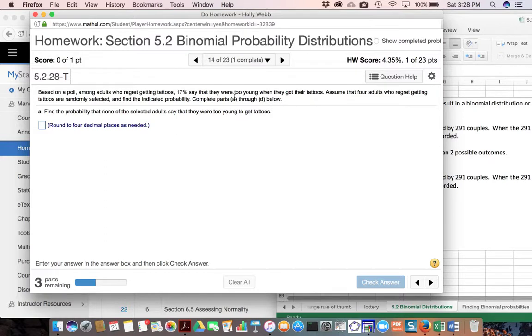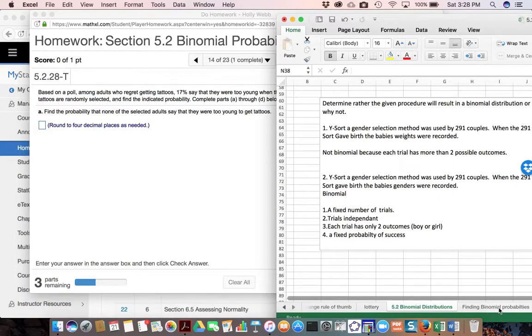Okay, so part A says find the probability that none of the selected adults thought that they were too young to get tattoos. So if it's the probability of none, that is the probability of exactly 0. So this is an exactly probability. The probability of none of the adults is the probability of exactly 0.